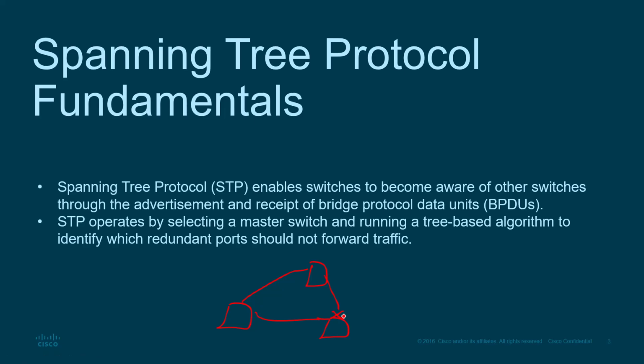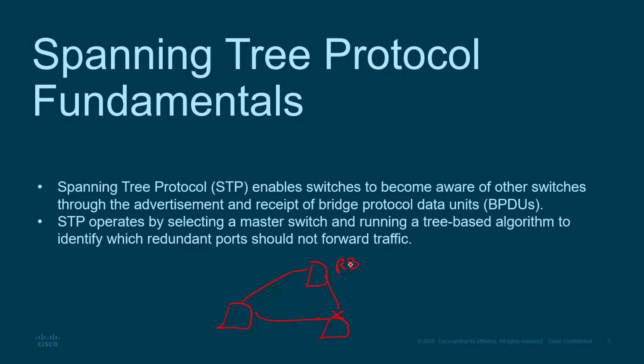If we have 3 switches plugged in, we have a way to softly take down a link so that the loop is prevented. Spanning tree protocol, STP, enables switches to become aware of other switches through advertising and receipt of bridge protocol data units, BPDU. STP operates by selecting a root bridge and then identifying ports.